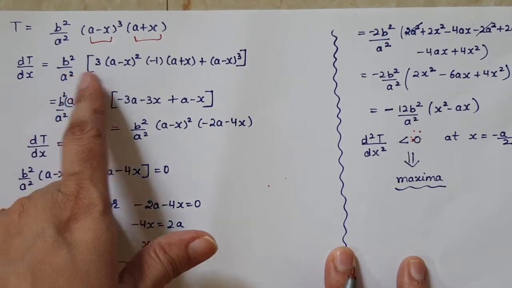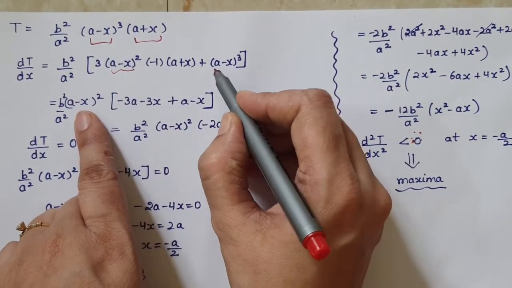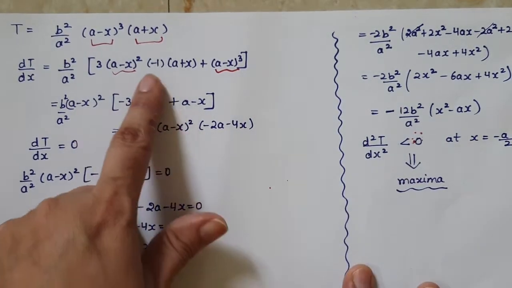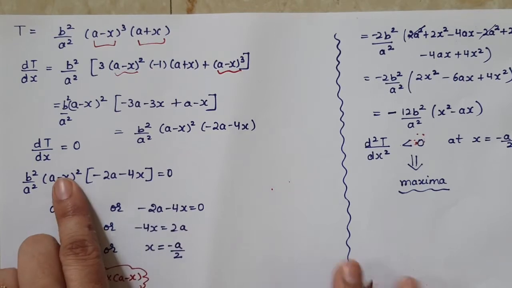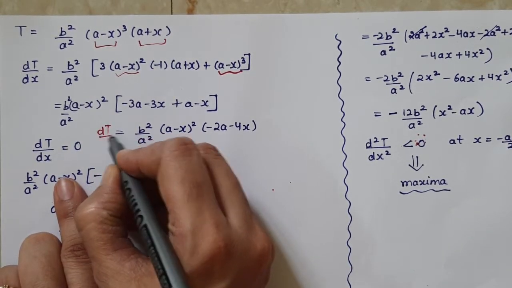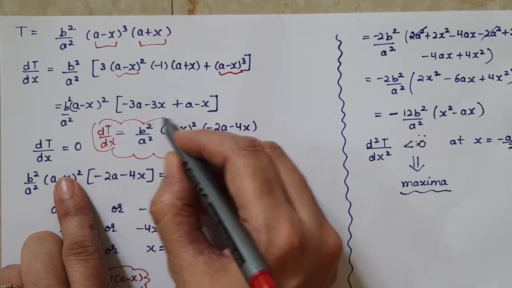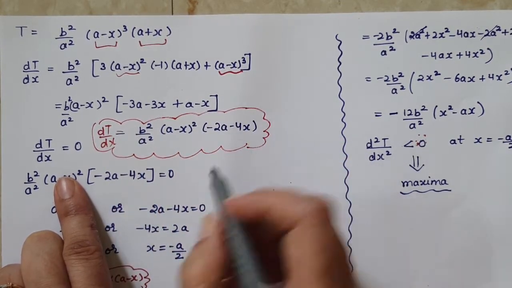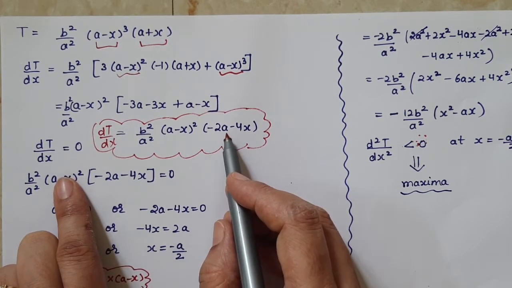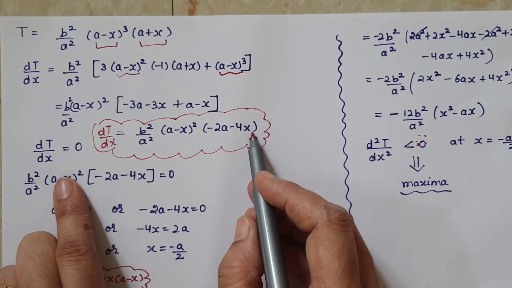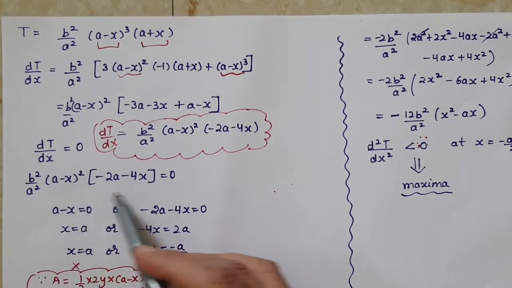After applying the product rule and taking a minus x whole square common, this is the final value of dT by dx I am getting. My dT by dx is coming out to be b square by a square, a minus x whole square, and inside I am having minus 2a minus 4x. Now put it equal to 0 to get the values of x and simplify it.